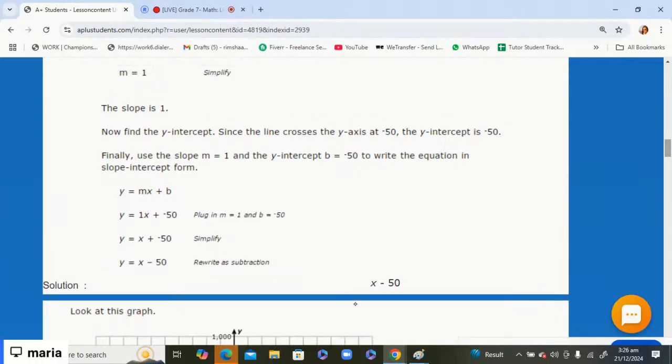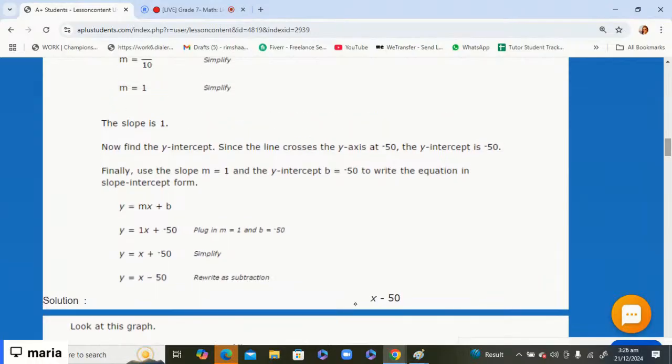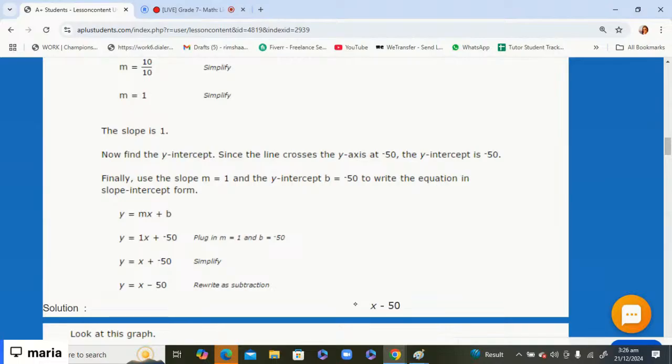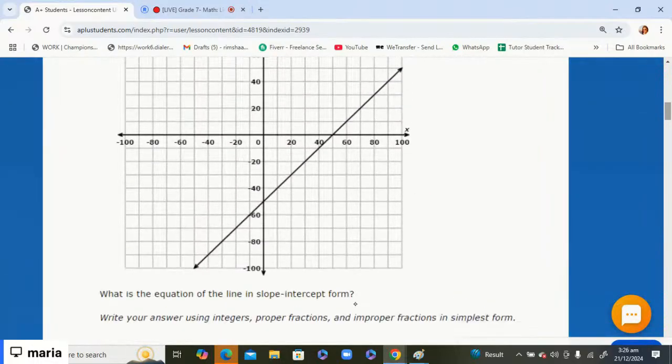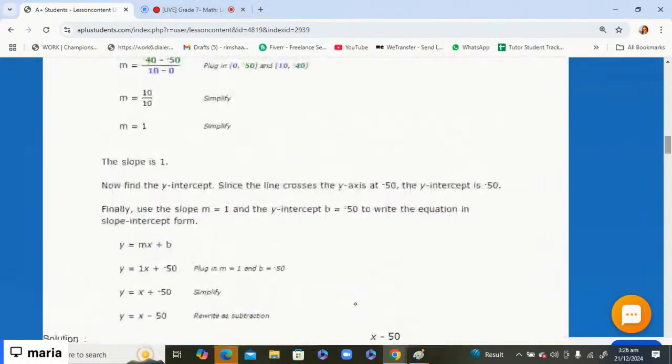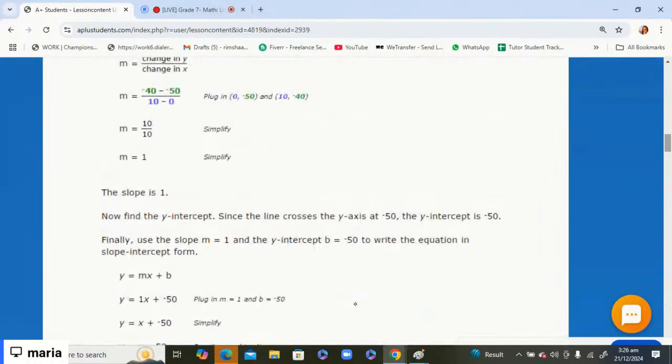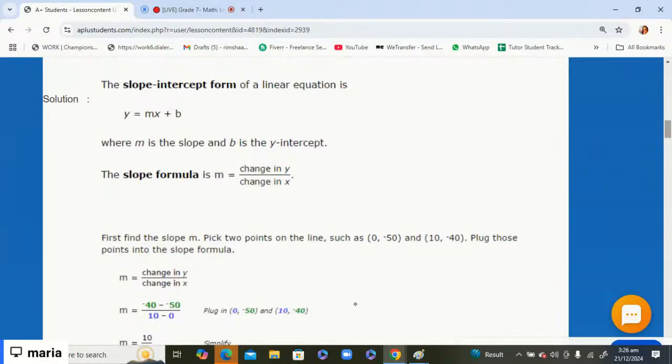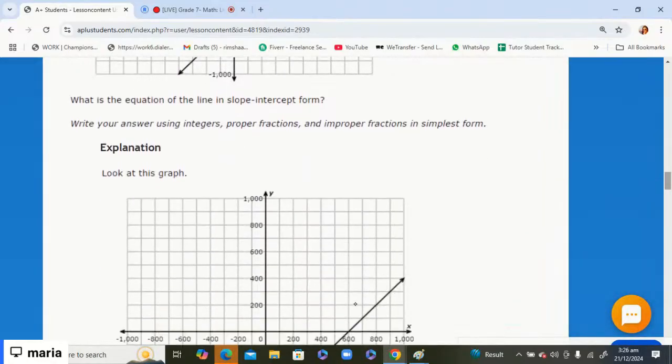Now putting in the b: find the y-intercept, since the line crosses the y-axis at -50. B is the intercept on the y-axis, so b is -50. In this way you plug everything in and find it.